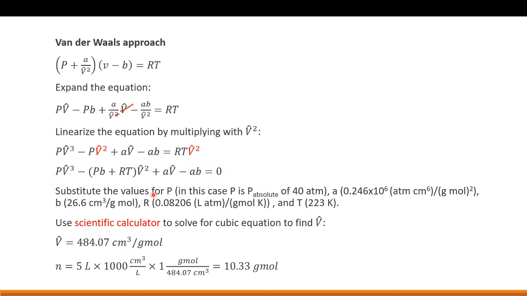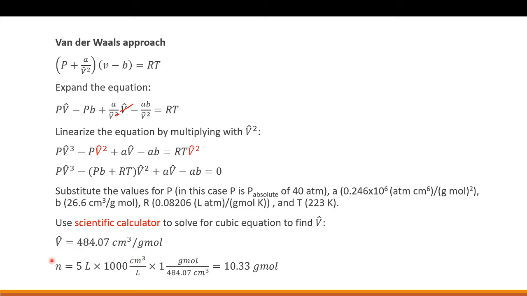We substitute the values in: we substitute p here, we substitute pb and calculate for this value here, substitute a, and substitute the multiplication of a and b here. Then we can use the scientific calculator to solve for your cubic equation to find v cap, which gives us 484.07 cm cube per gram mole.